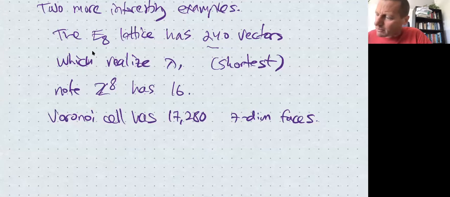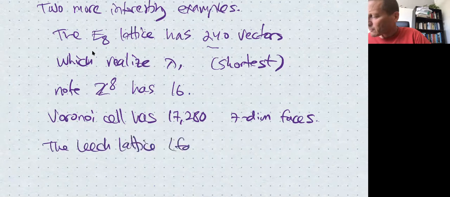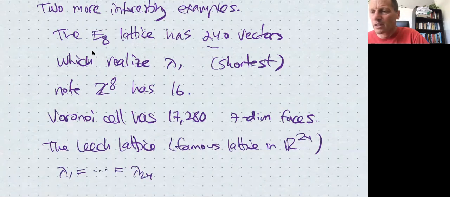Okay, there's a famous lattice in 24 dimensions, the Leech lattice. It has similar properties. It has lambda 1, so there are lots and lots of vectors realizing the shortest vector problem.